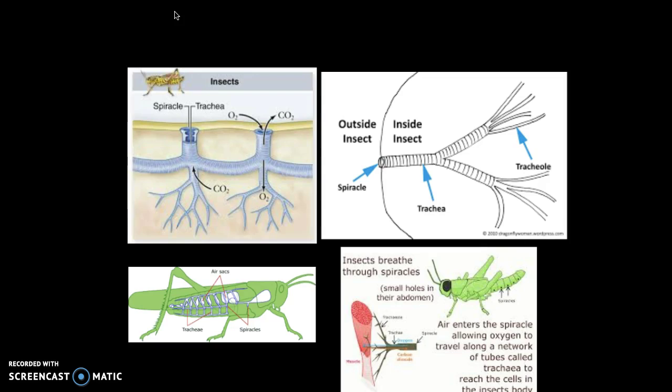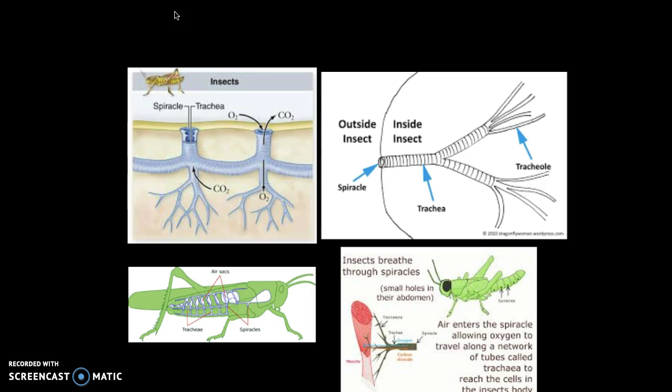So that's just a little bit about the tracheal systems that you could find in different insects and spiders. A recap is basically, as you could see at the top right picture, a few different aspects to it. The spiracles can open and close, and that is controlled by the central nervous system. The air goes in there, and then it travels to the trachea.